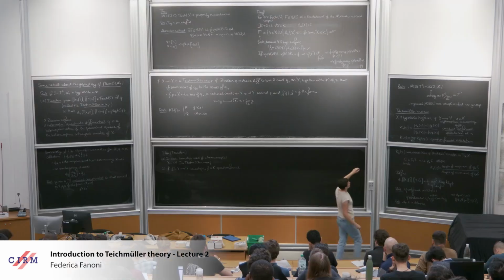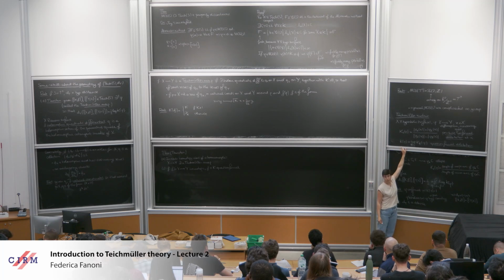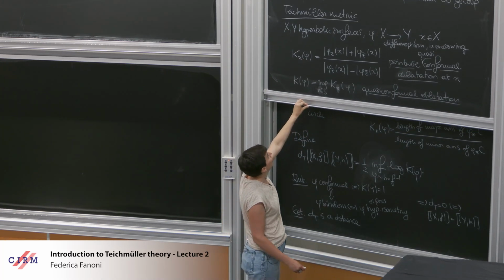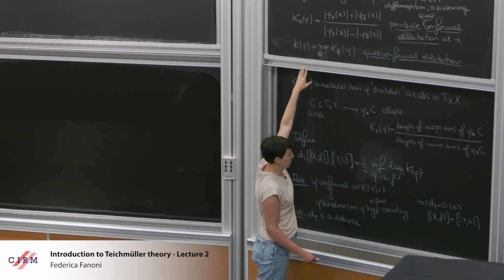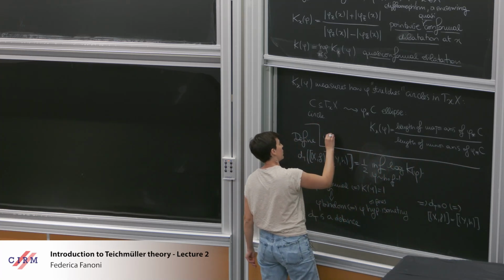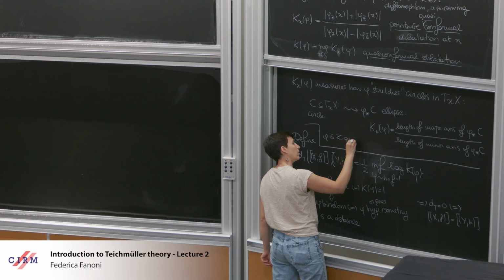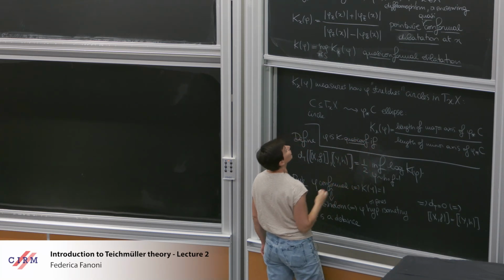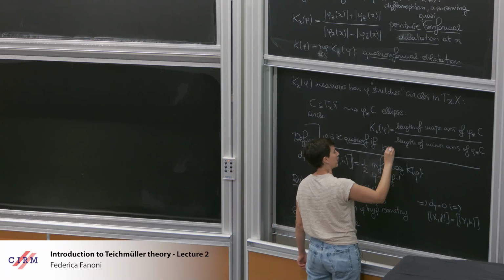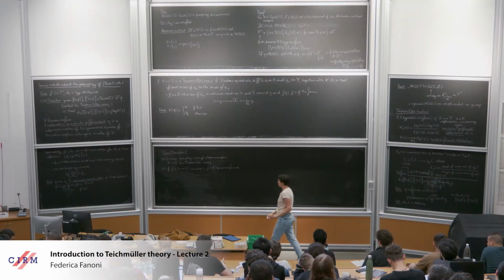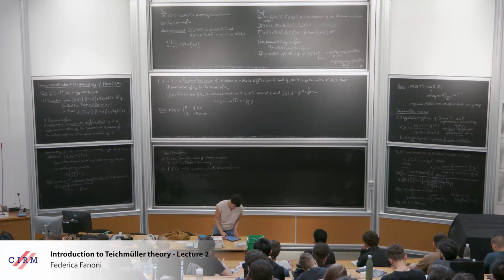So a map is K quasi-conformal. This supremum per se could be infinite. And a map is quasi-conformal if this supremum is finite, and the K is an upper bound on that. Let me say it here. And phi is K quasi-conformal if, let's say, K phi is equal to K or is bounded above by K. Usually we just need bounds.